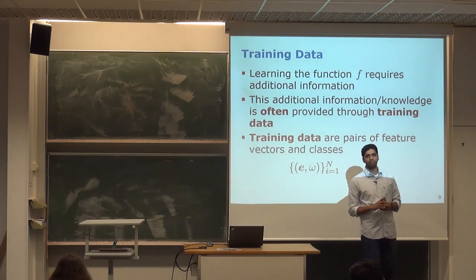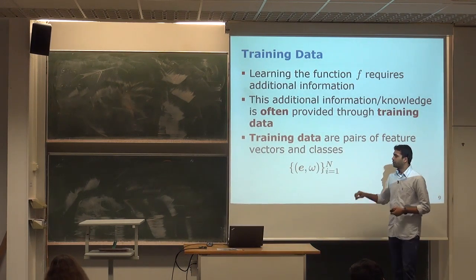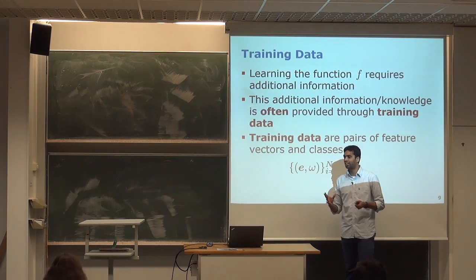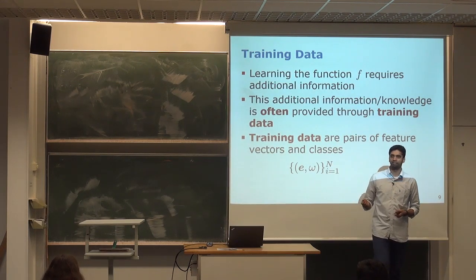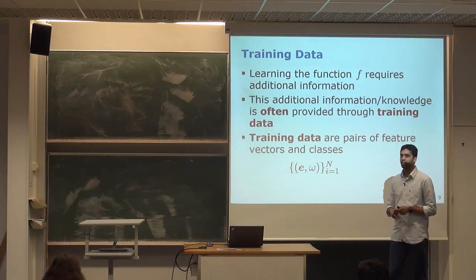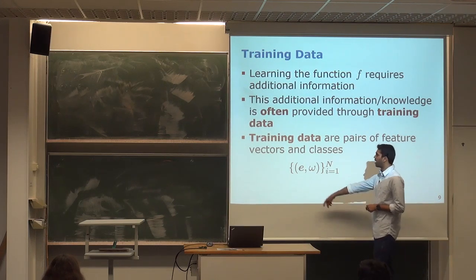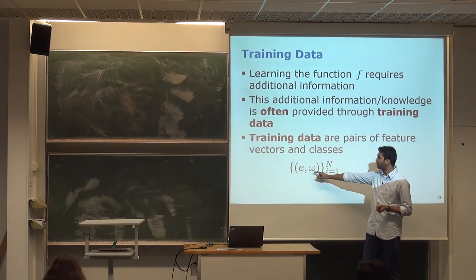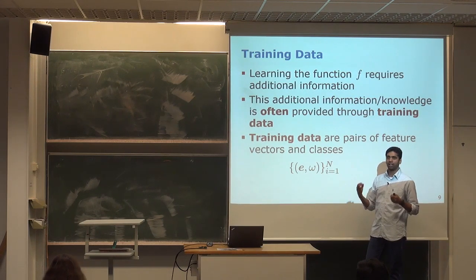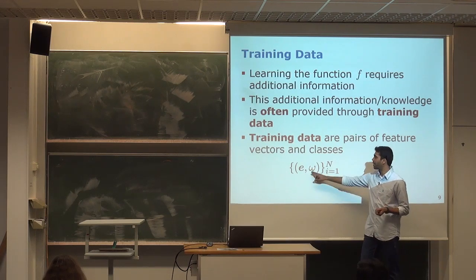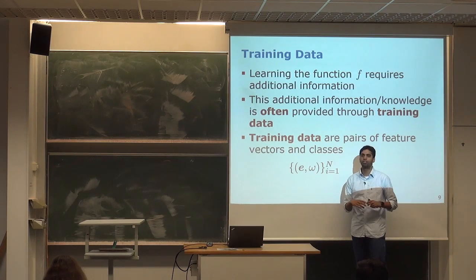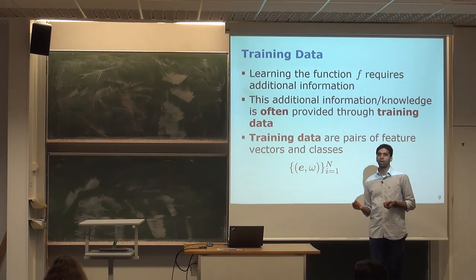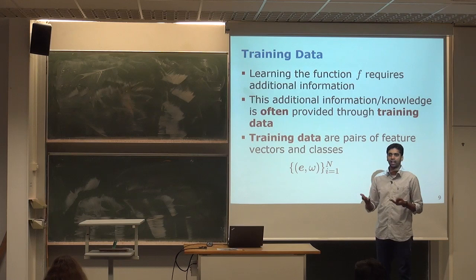Okay, so then the idea comes of these examples. These 1,000 examples that I was talking about, in the classification literature, are called training data. And training data has two components. You have the feature, which could be the image pixels, and the associated class. Somebody tells you what that picture corresponds to. So if you have a picture of a car, it could be a human who says, what I see here is a car.